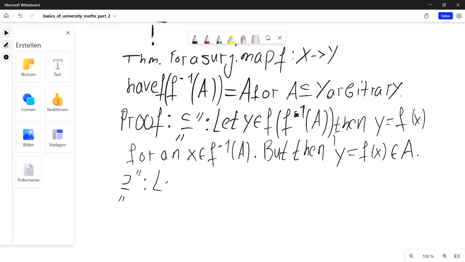So let y be an element of A. Well, we just have to find such an element x, such that f of this element is y, right?